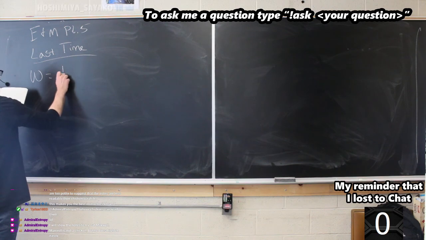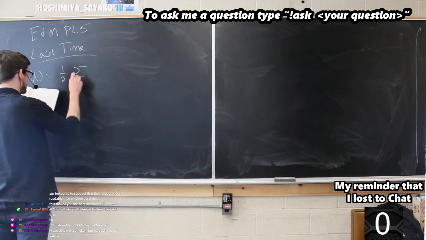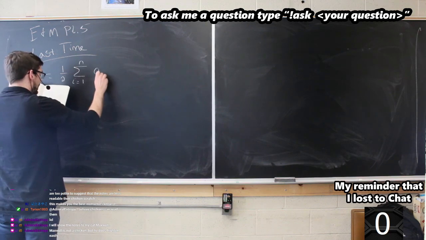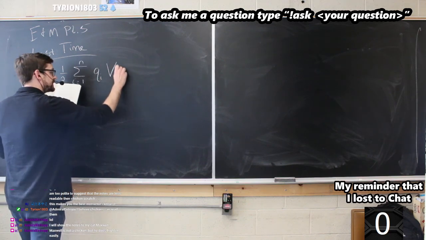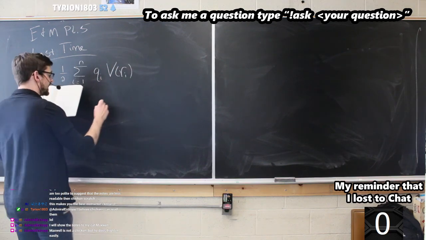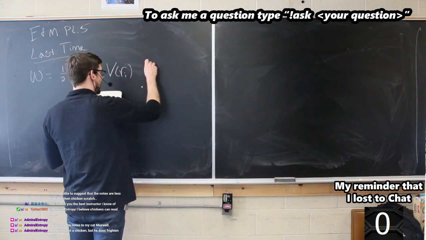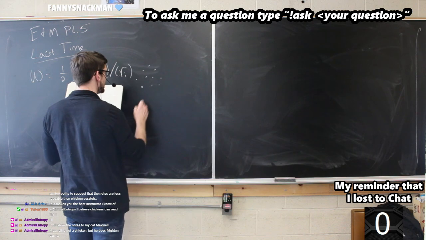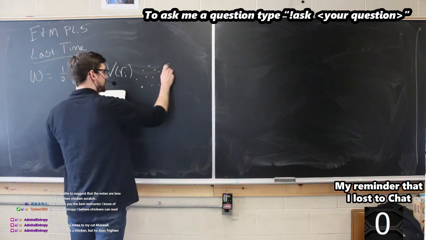I'll write a more complicated one where we have the sum over all of the charges of Qi multiplied by the potential of i. And I said that this kind of manifested itself in a very unique way. So I'm going to do them kind of backwards because I'm working here with this idea on the fly.